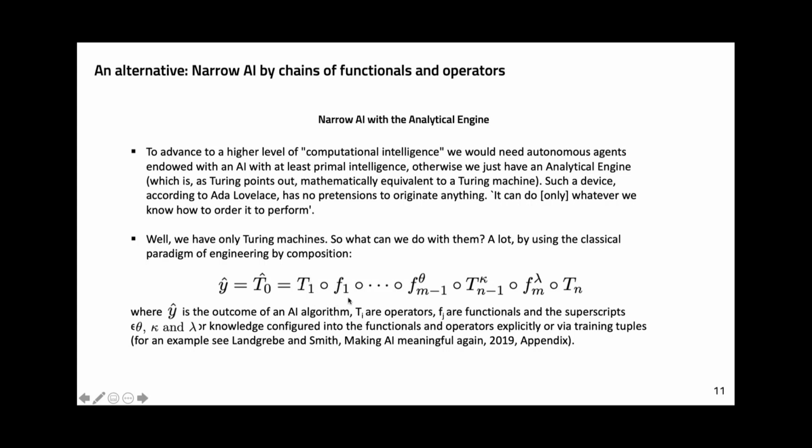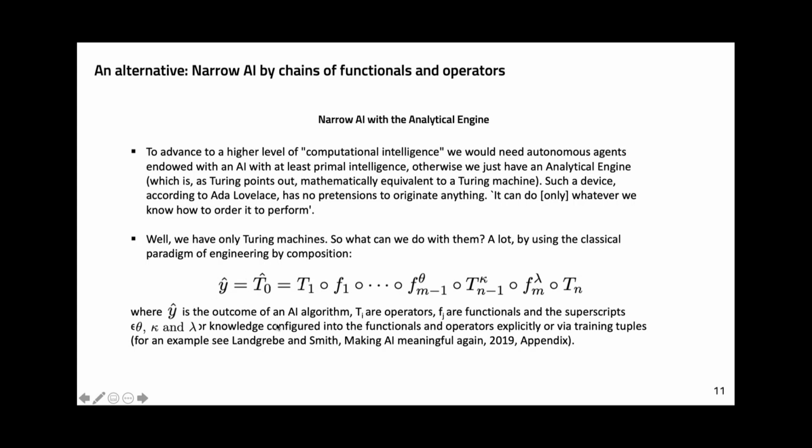For the non-mathematicians, a functional is a relation that takes an input vector and creates an output number. The operator can also create an output vector from an input vector. And so they act together here in a chain to yield the final result.